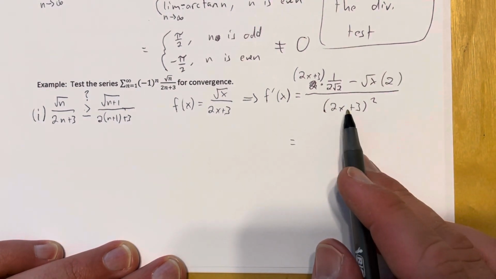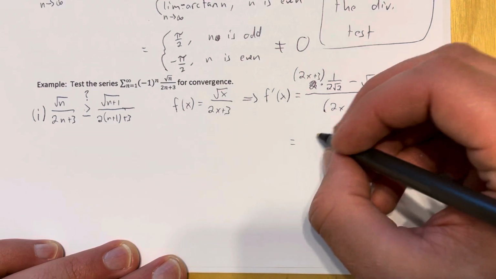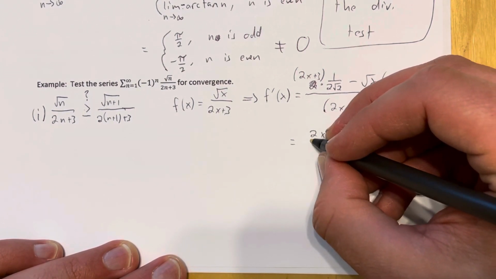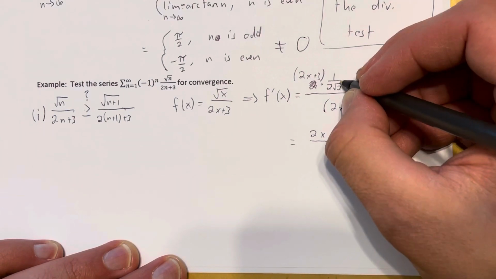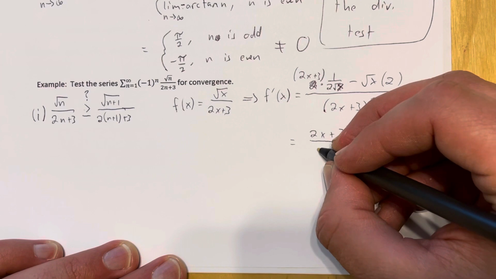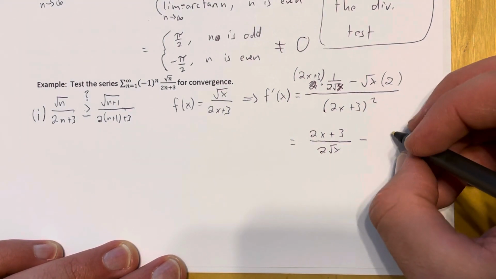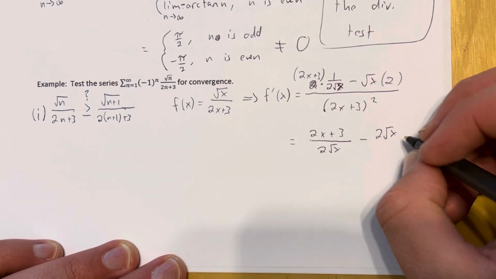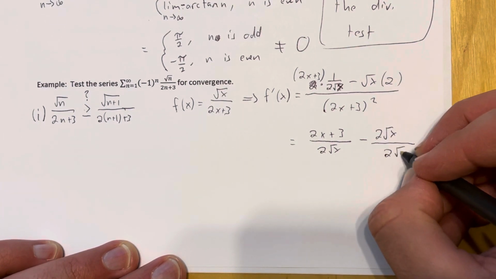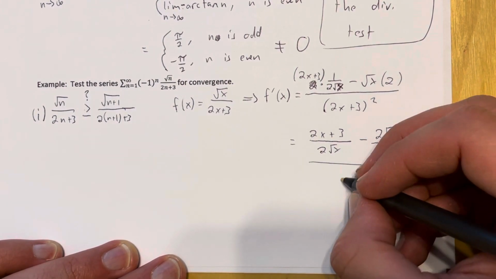Can I simplify this a little bit? Let's see. I'm going to get 2x plus 3. This should be 2 root x right there, over 2 root x minus, now this is 2 root x, but if I wanted to get a common denominator, I would multiply it by another 2 root x, like this.